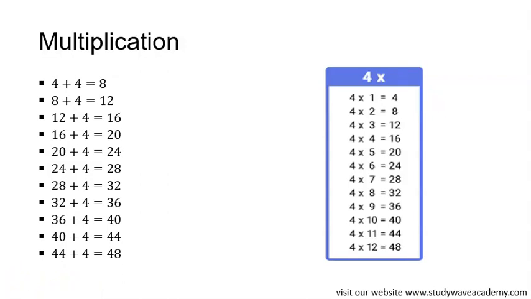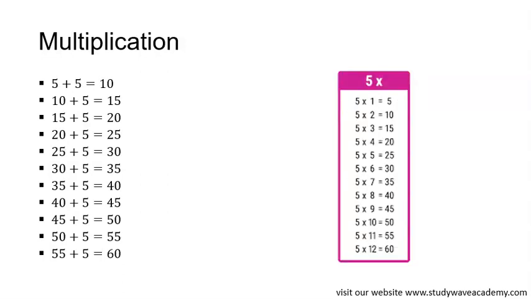Now we have looked at 2 times, we have looked at 3 times, we have looked at 4 times. Now we're going to be looking at 5 times. 5 times, what do you do? You add 5, 5, 5, 5, right?